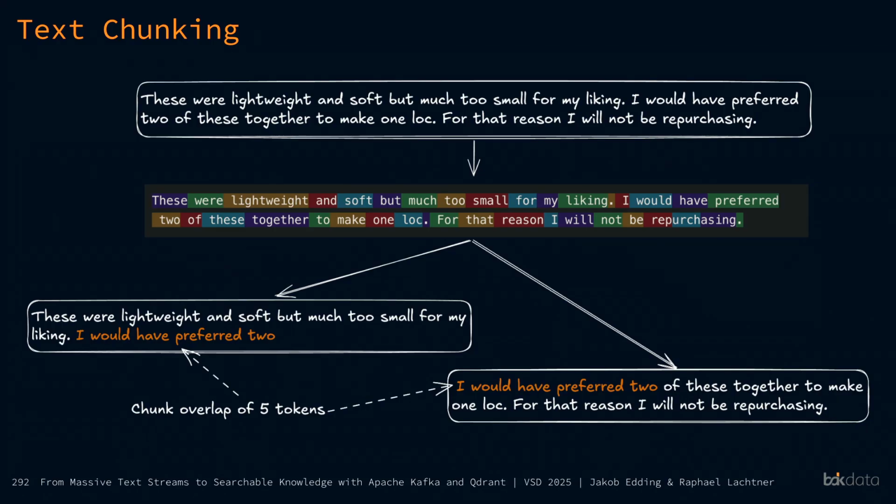So what we do is we first tokenize our text, and then we chunk that text up into pieces so it fits into our embedding model. And in this example pipeline, we're using an overlap of 5 tokens. You can see that in the yellow here, and this is just to preserve context between chunks and not lose any information.